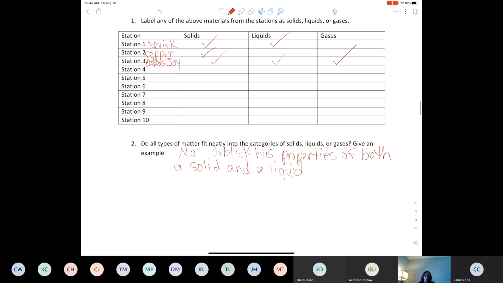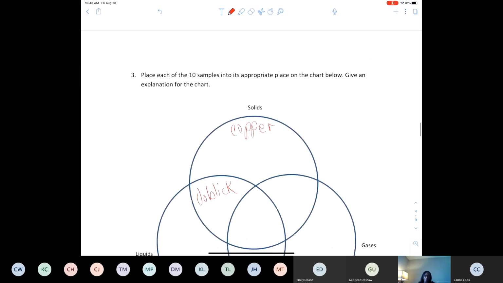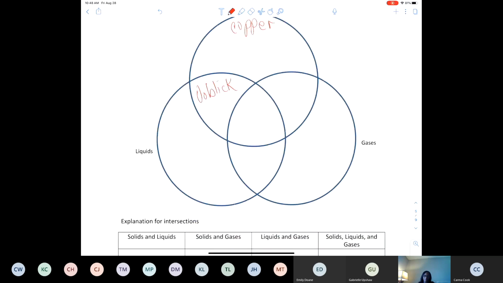So therefore, for the Baker's Joy, on the diagram, where should it go? In the middle of all of them. It should go in the middle. So it should be intersecting all three. Anyone disagree?